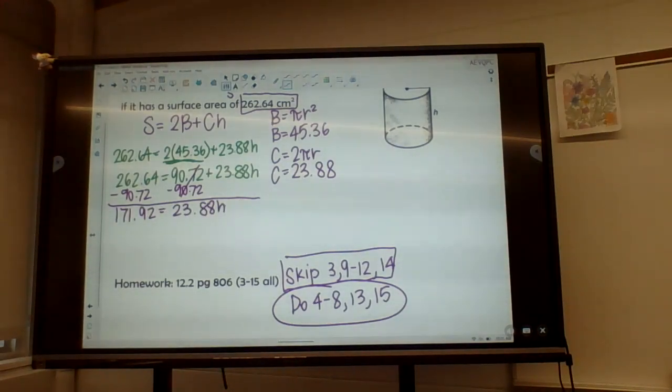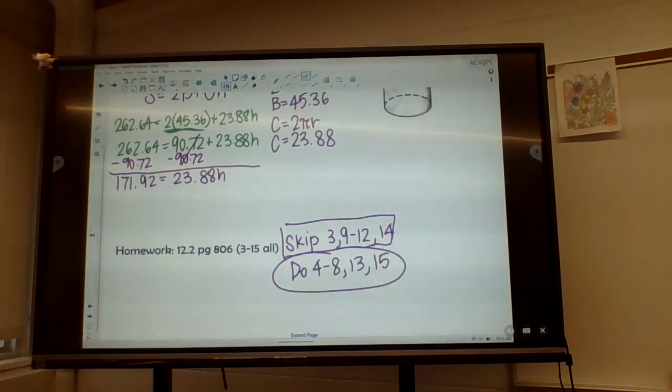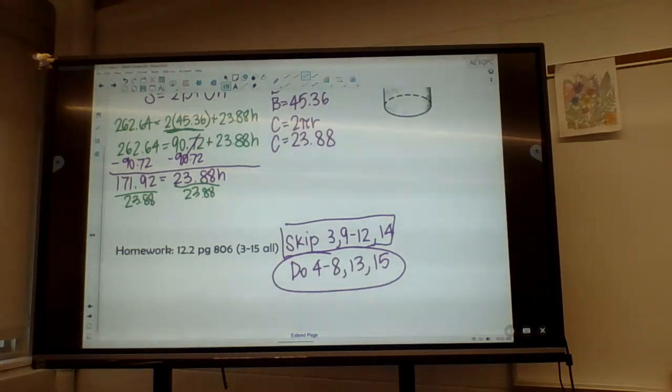Now I'm left with something being multiplied by h, so I divide by that number, and I end up with h being 7.2.